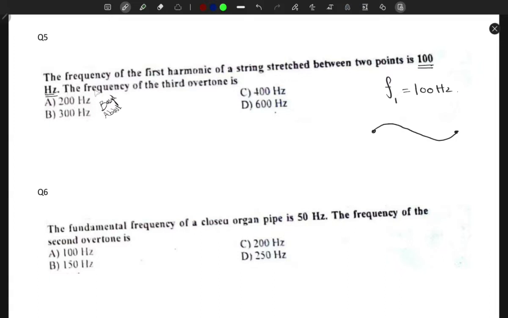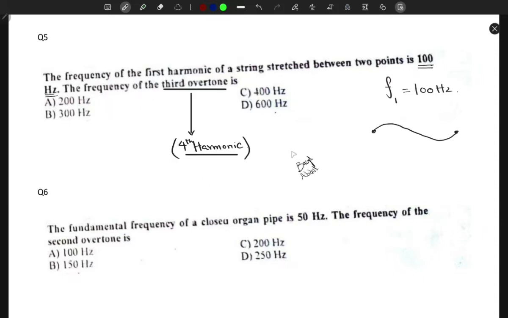They're asking you the frequency of the third overtone. Now, third overtone really means fourth harmonic, right? So whatever overtone I have, I'll just add one to that, and that's the harmonic that you will be dealing with. Now we are asked the frequency of really the fourth harmonic.